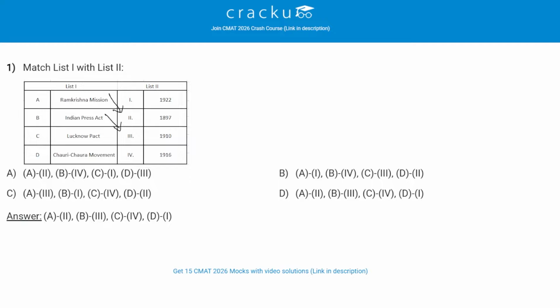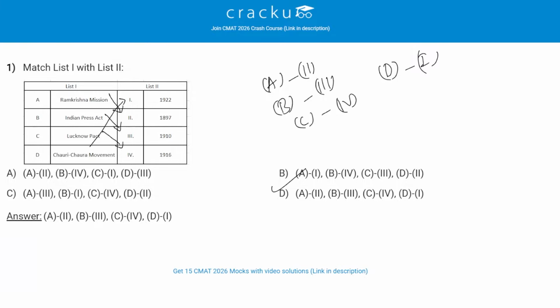The Lucknow Pact was done in 1916. And the Chauri Chaura movement was in 1922. So A goes with 2, B goes with 3, C goes with 4, D goes with 1. The correct answer is A2, B3, C4, D1. Option D is the correct answer.